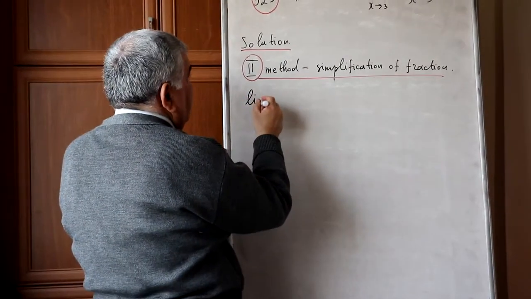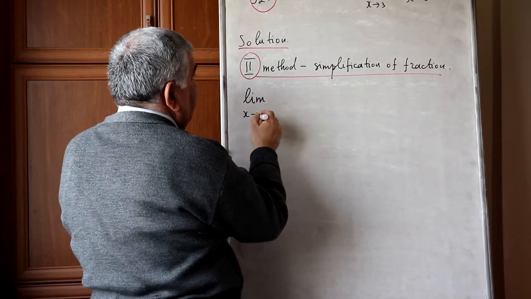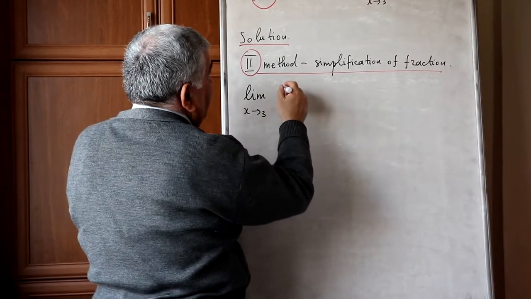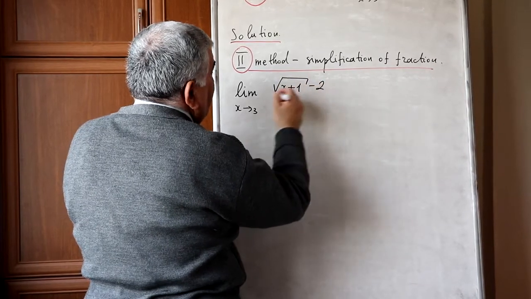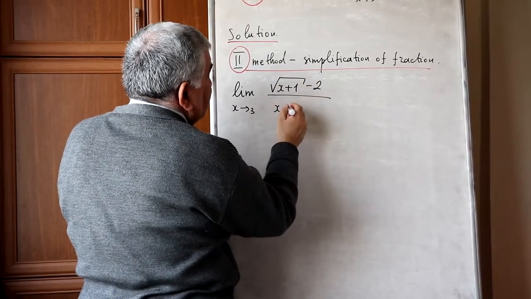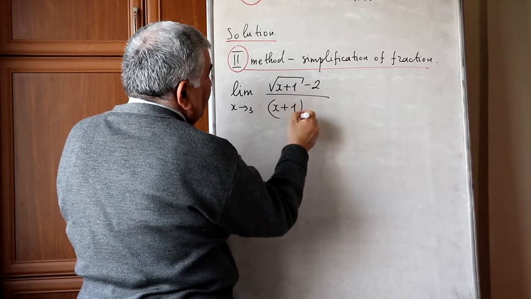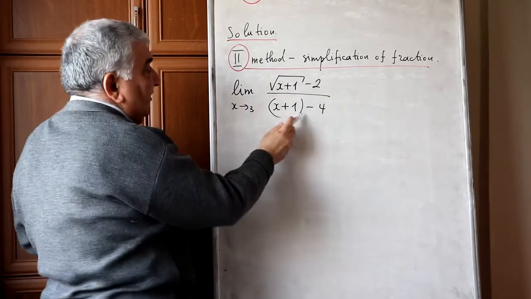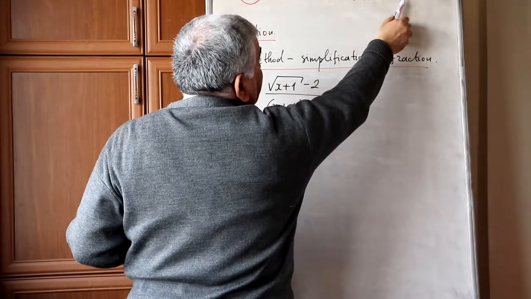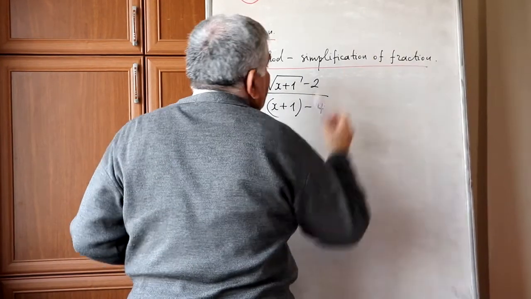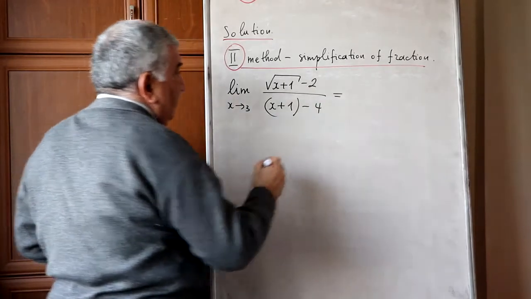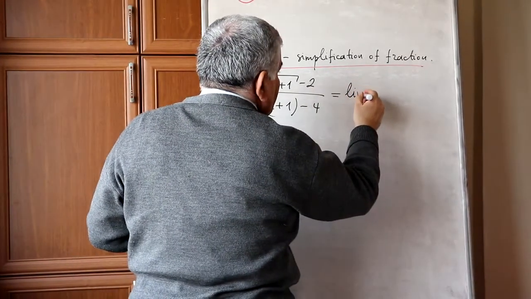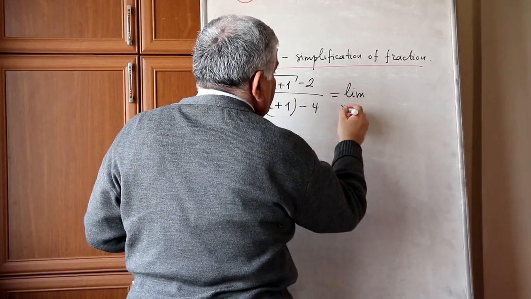Limit when x tends to 3 of square root of x plus 1 minus 2 over x plus 1 minus 4. Plus 1 minus 4 is equal to minus 3. Then rewrite the limit when x tends to 3.